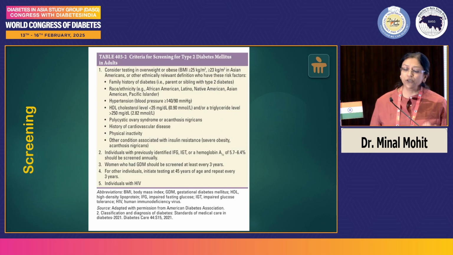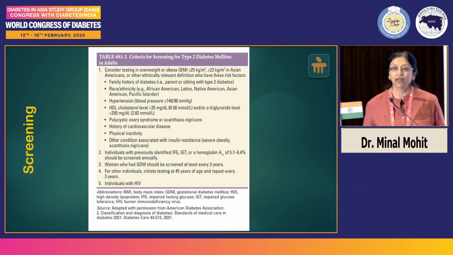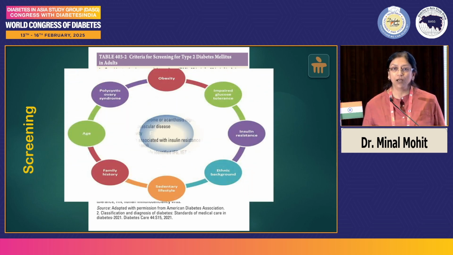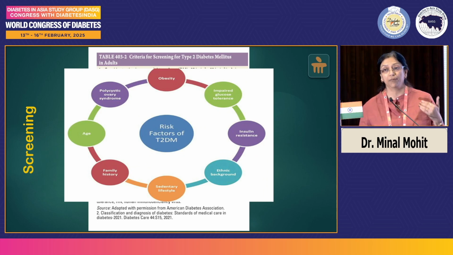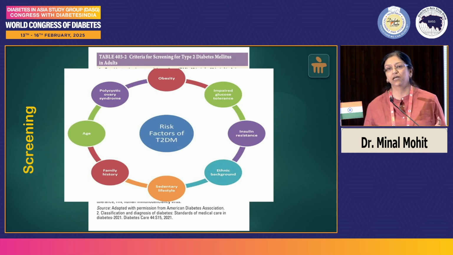Now, when do we screen and whom do we screen? Do we just go on doing it for everybody? So again, there are specific guidelines. All the population who are at risk of type 2 diabetes, maybe they are overweight, having a BMI above the standard cutoff, that is 23 kilogram per meter square, having a strong family history of type 2 diabetes.